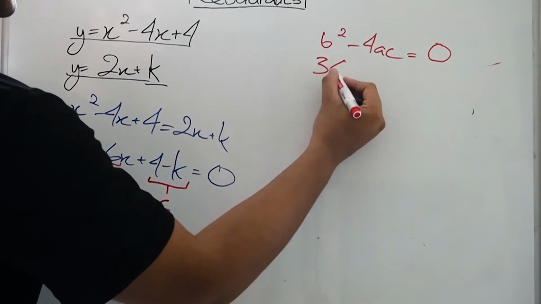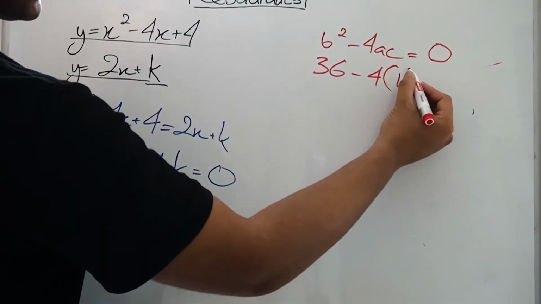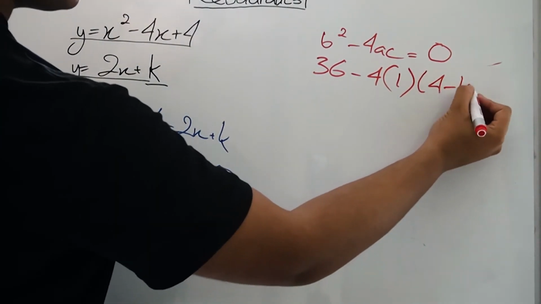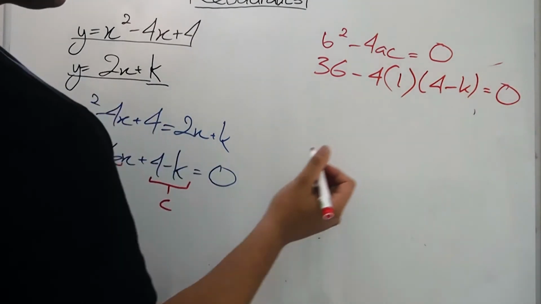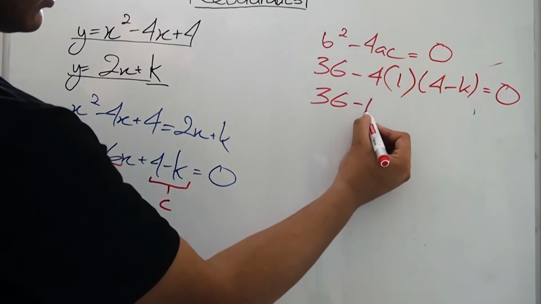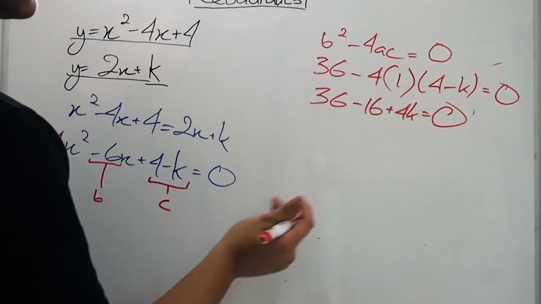We will use this now. It will be 36, 6 square is 36, minus 4a, a is 1, and c is 4 minus k. 4 minus k equals 0. So it will be 36 minus 16 plus 4k equals 0.